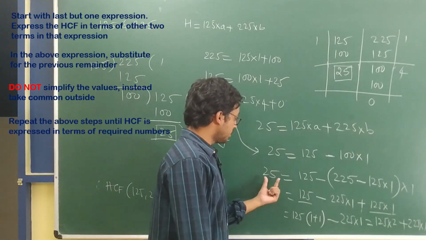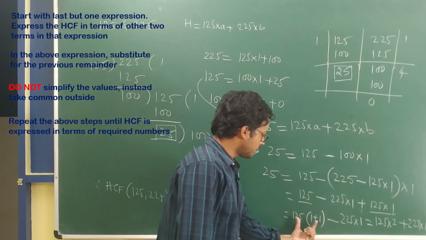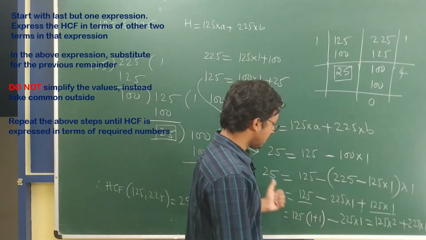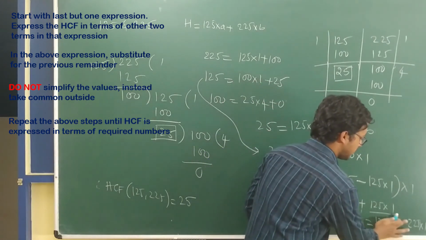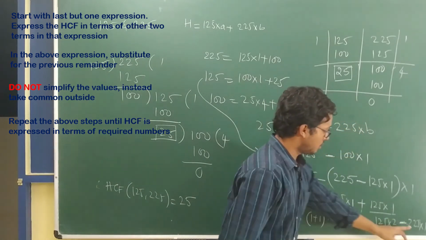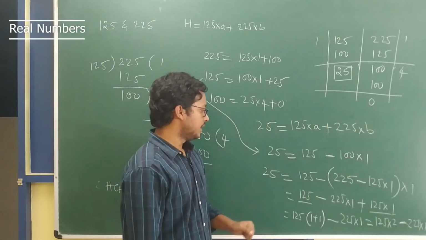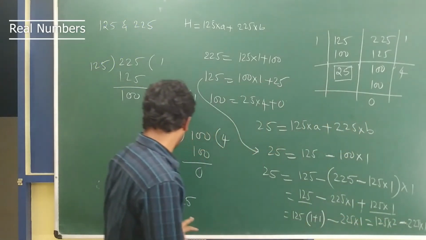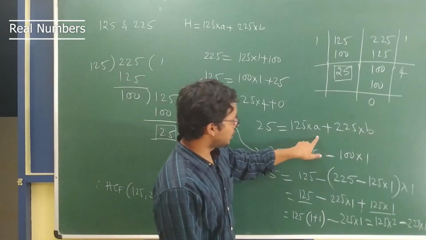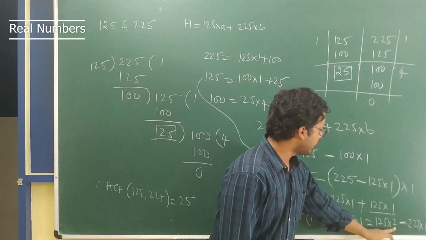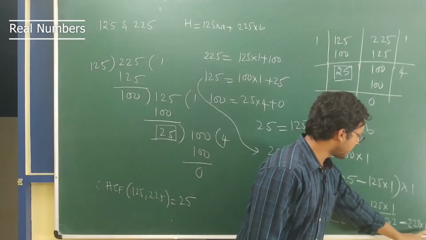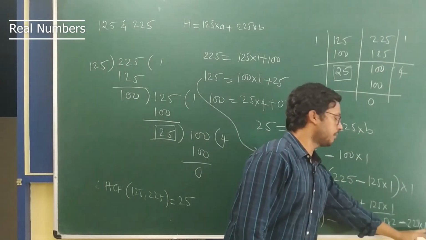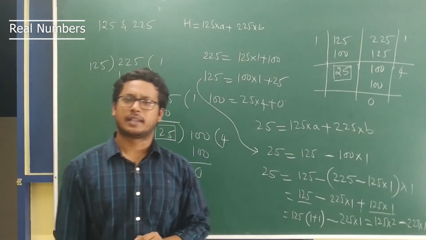Finally what did you do is you expressed 25 in terms of 125 and 225. It is 125 into 2, sorry, minus 225 into 1. So the A value here, what was the question? 125 into A. So 125 into A is 2, 225 into B, B is here minus 1. So that is your final answer.